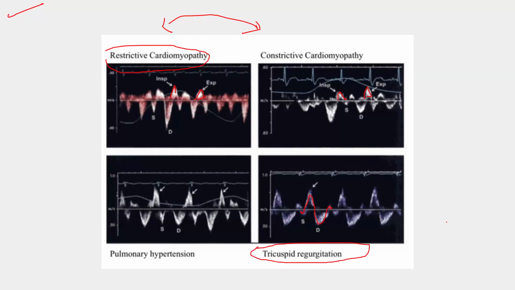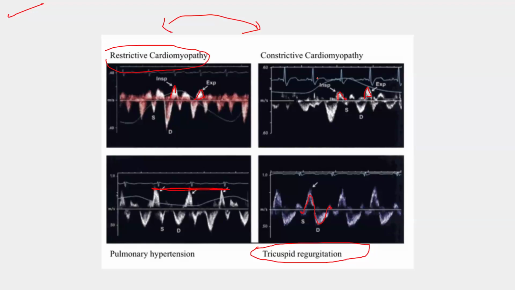Okay? So that's all. And in pulmonary hypertension, we have a high A, and that is fixed, doesn't change with inspiration like in restrictive and constrictive. So this is what you need to know about. And this slide has summarized everything you need to know about hepatic venous Doppler.